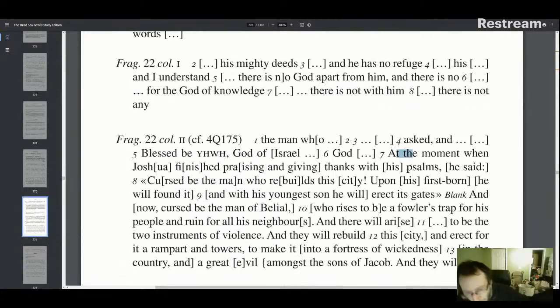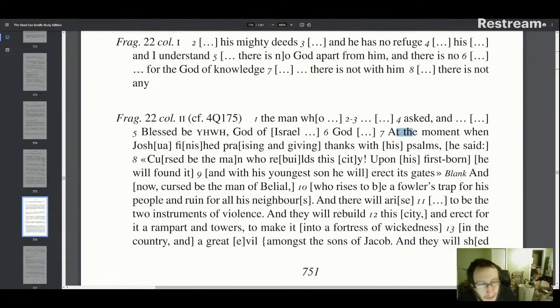So here we have an extra psalm of Joshua, not even anywhere in our copies. And it says, he said, "Cursed be the man who rebuilds this city. Upon his firstborn he will found it, and with his youngest son he will erect its gates. And now cursed be the man of Belial, who rises to be a fowler's trap for his people, and ruin for all his neighbors.